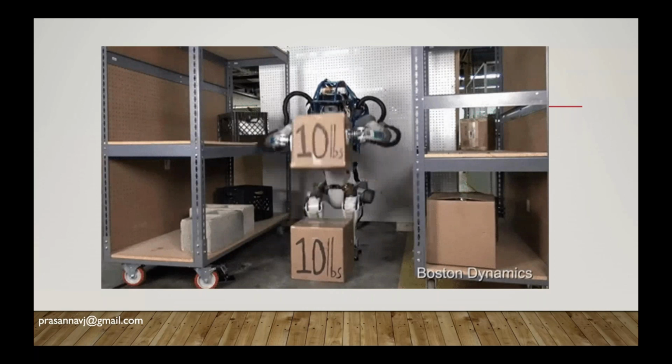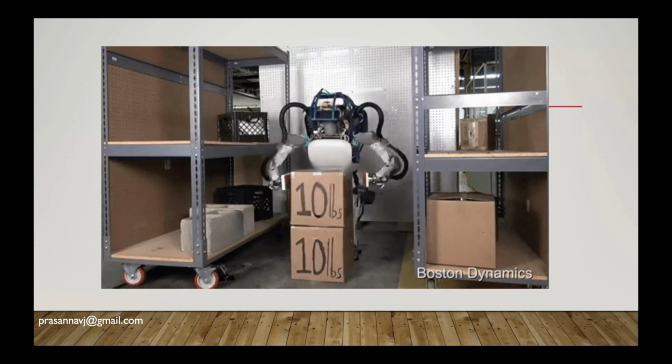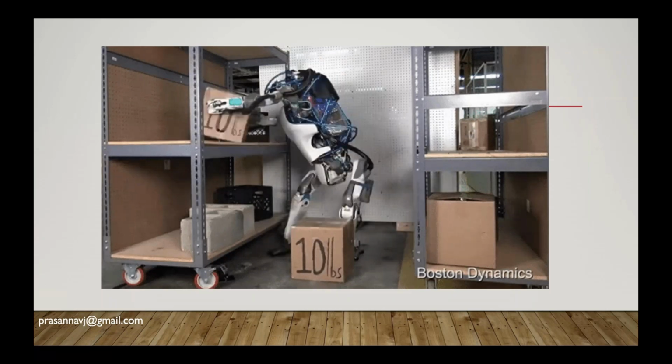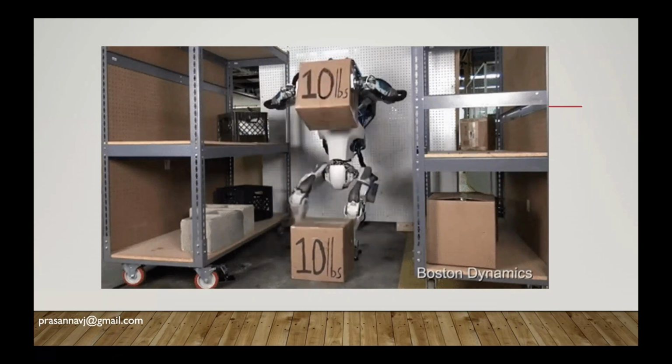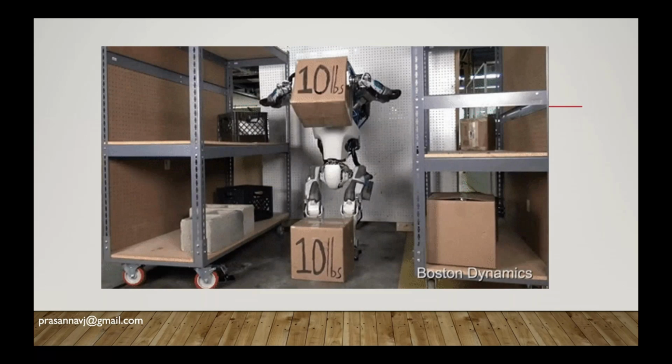You are absolutely correct. So one thing is there is a set of knowledge which talks about what activity this robot has to perform. For example, it needs to take this 10 lb box and put it into that particular tray location.